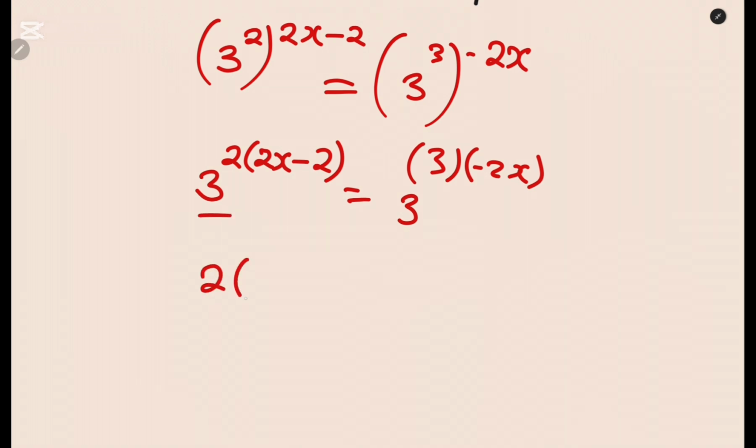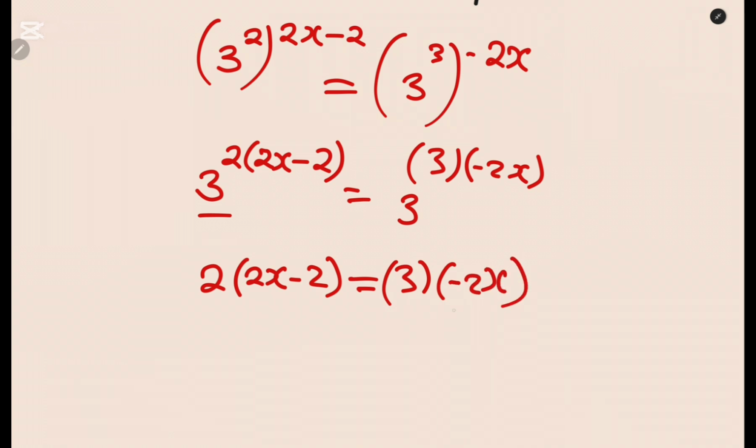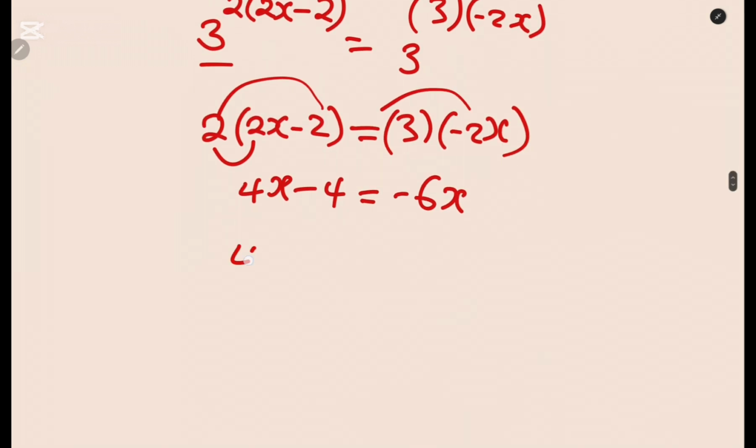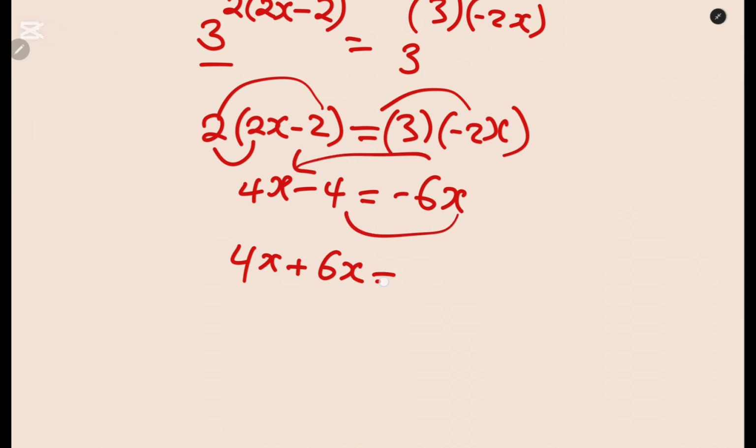Now the bases are the same, so we can equate the powers. 2 times (x minus 2) equal to 3 times negative 2x. This side we are going to have 4x minus 4, and this is equal to negative 6x. We collect the like terms, so 4x plus 6x, then this 4 goes to the other side, which is plus 4.